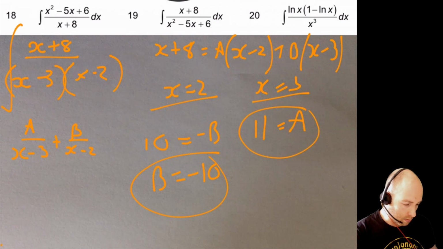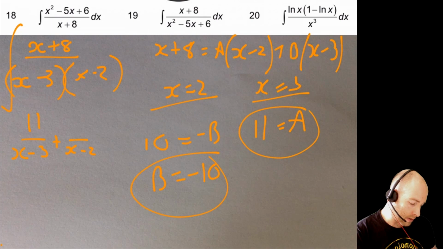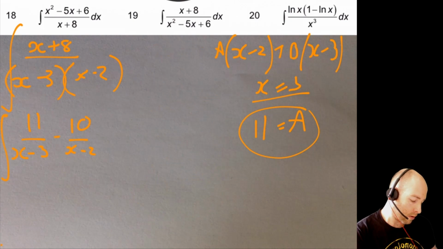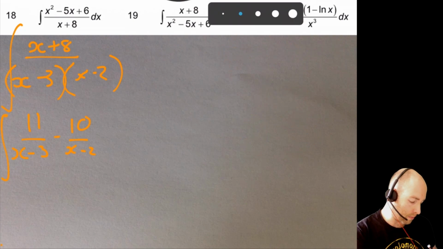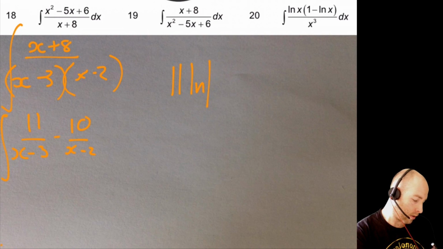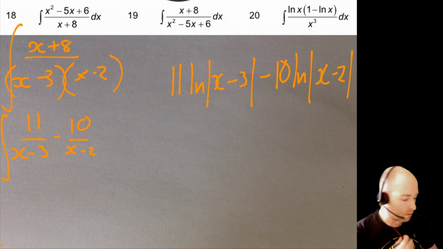So my integral becomes the integral of 11 over x take 3 minus 10 over x take 2. Which is going to give me 11 log(x minus 3) minus 10 log(x minus 2).